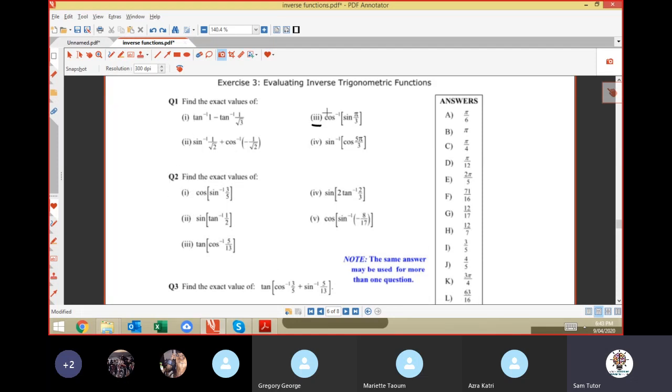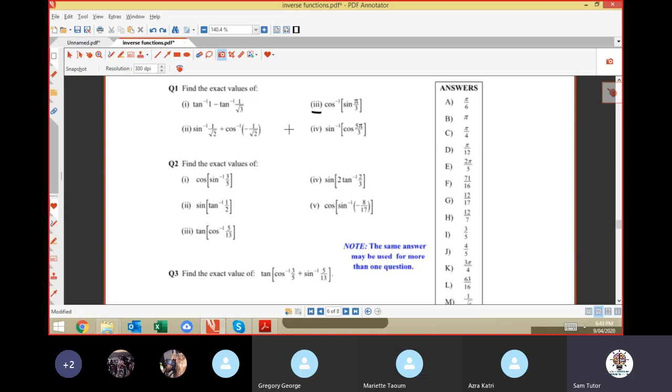So question 1, you can just plug it into your calculator. It's question 2 that you can't plug into your calculator. And it's good to realize the difference now. Question 1, they're inverses on the outside. Question 2, the inverse is on the inside.